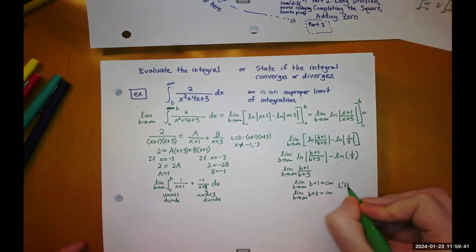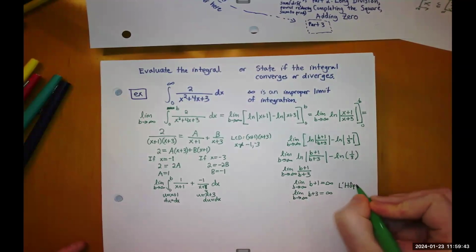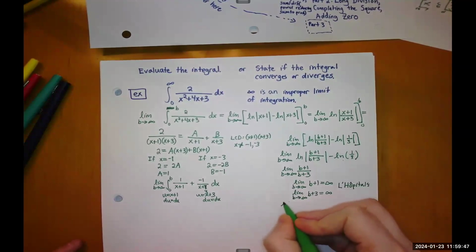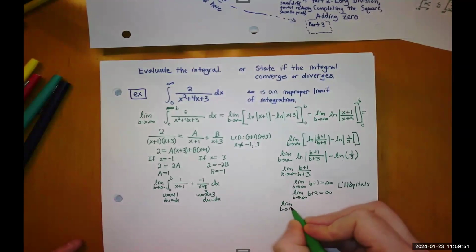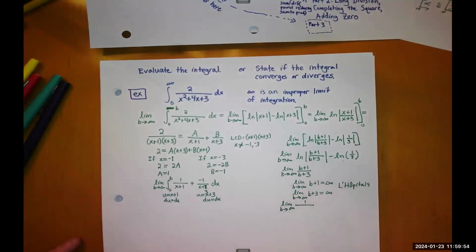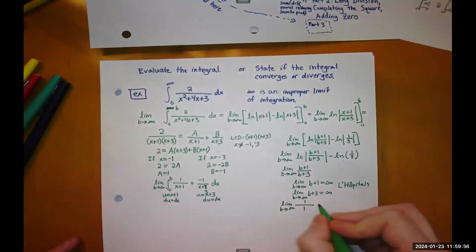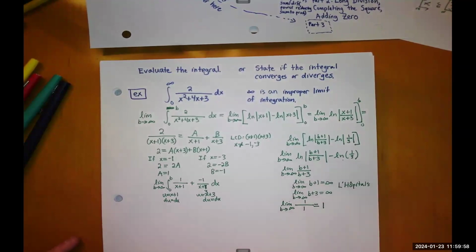So I can apply L'Hopital's rule, which means I take the derivative of the numerator, which is 1, and the derivative of the denominator, which is also 1. So this has a value of 1.